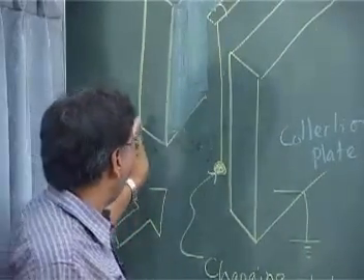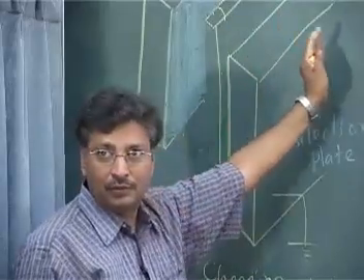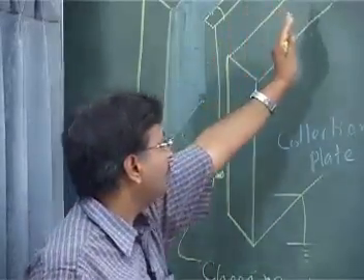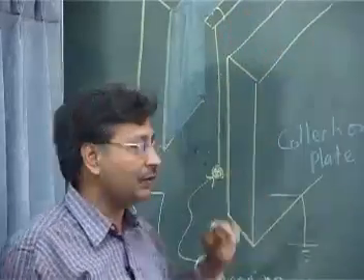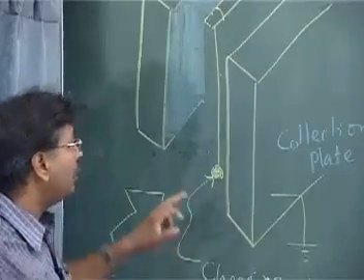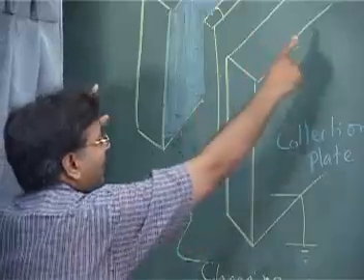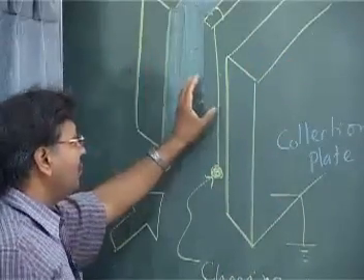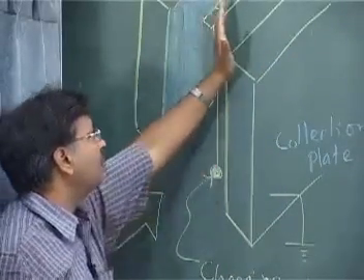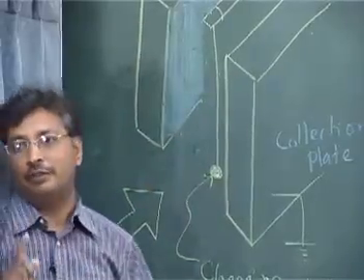As we go a little away, the gas becomes more and more clean. We will see this. Then, for every field, this is called one plate, and the charging electrodes in between, this is called one field.